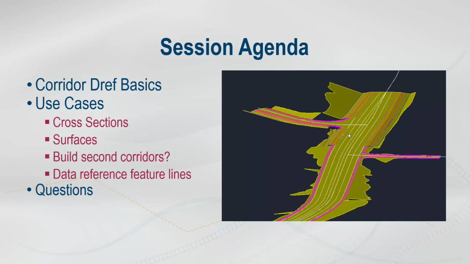And then one other use case that I thought of while developing this presentation is using the corridor data reference to data reference feature lines. Just a little workflow that might help other workflows out.